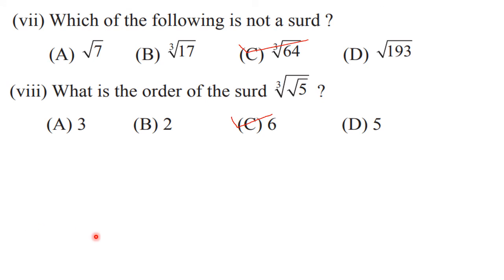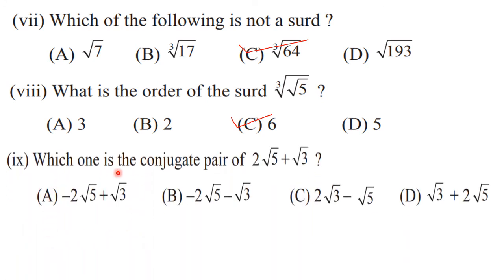Now let's go further. Next one, question number 9. Which one is the conjugate pair of 2 root 5 minus root 3? When we have studied conjugate pairs, we have learned that they only differ by the middle sign. That means the sign of only one term is going to change and the terms are going to be the same.